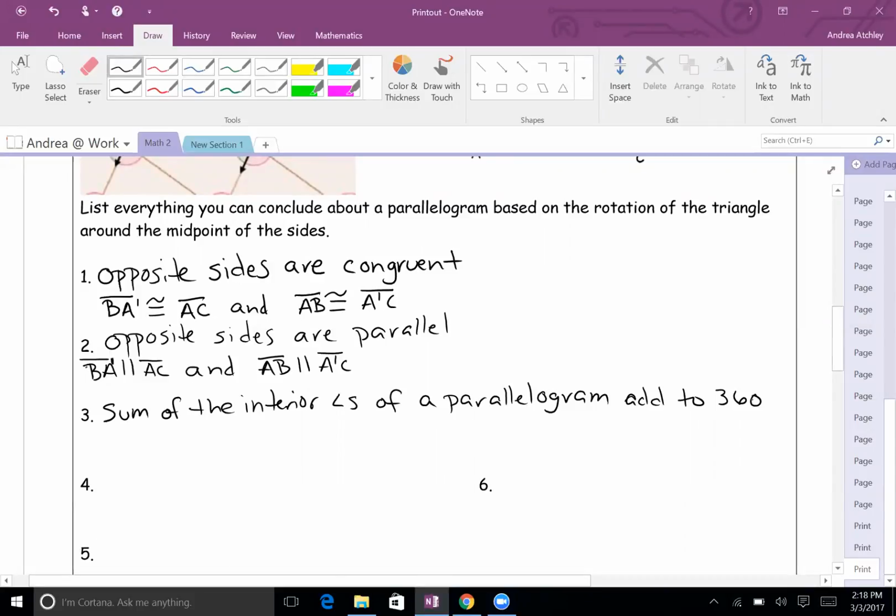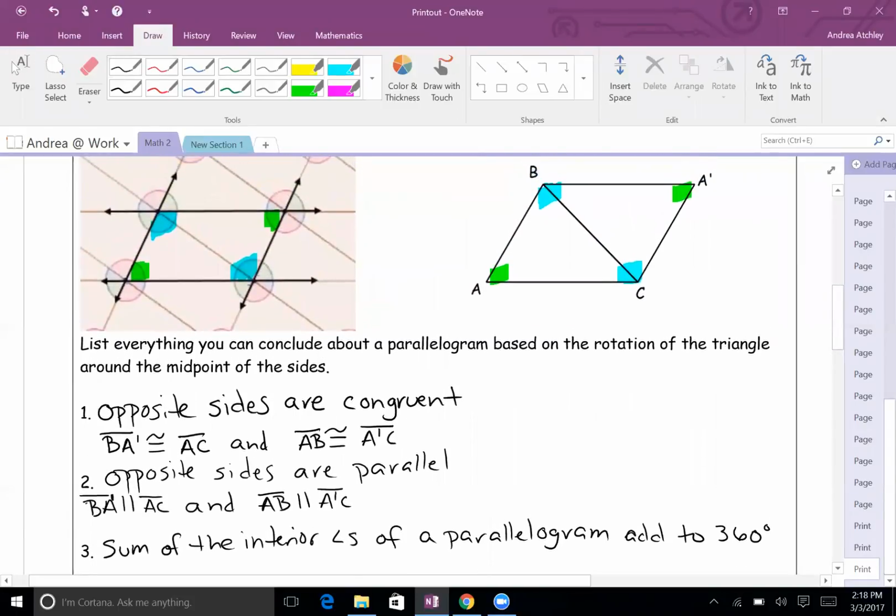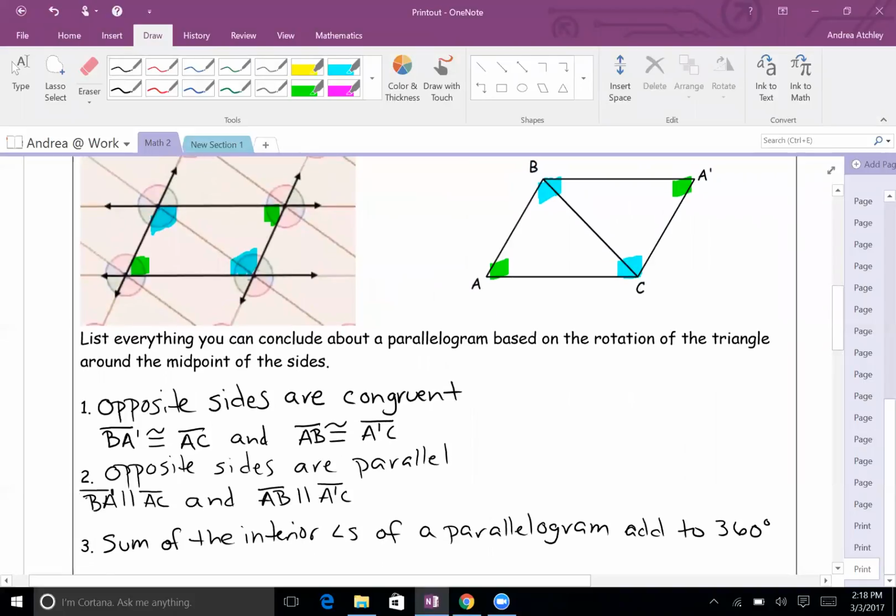The sum of the interior angles of the parallelogram add to 360 degrees.